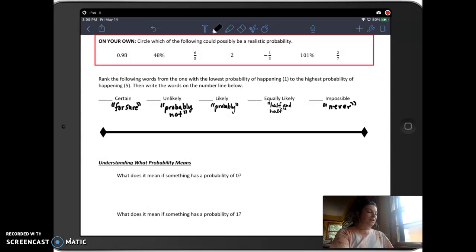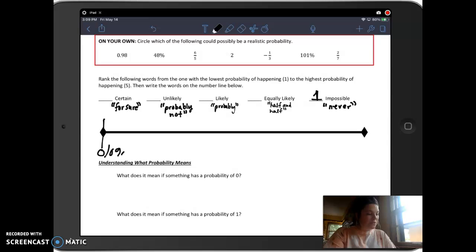Impossible. All right, so we're going to set up which one we think is the lowest probability. So 0 is the lowest probability, and so that would be never. So when we say something has a 0 probability, we say that it is impossible or it would never happen.